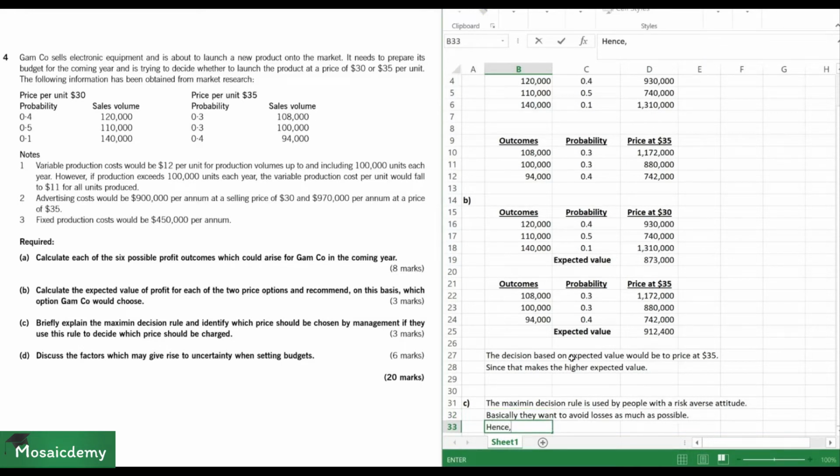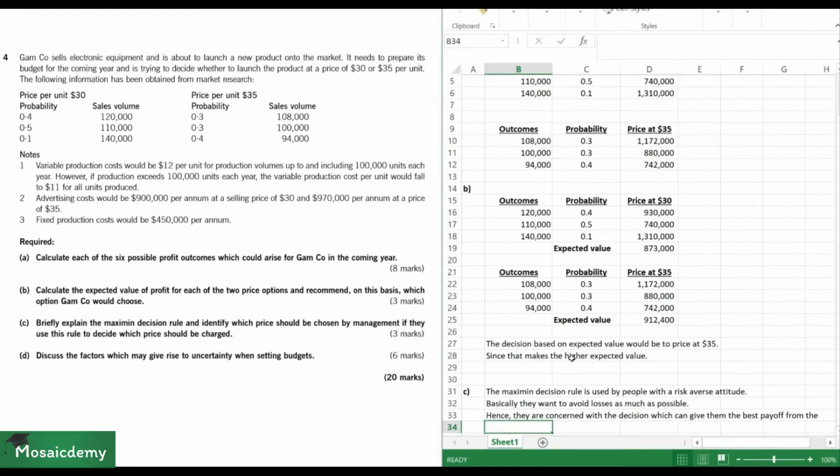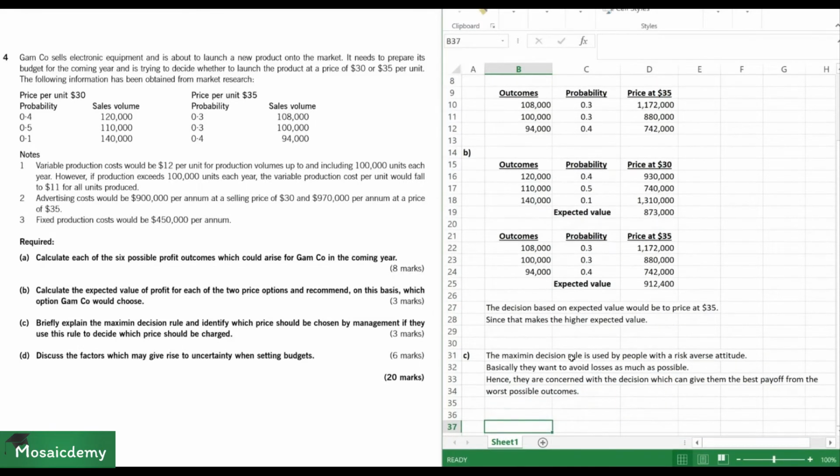Hence, they are concerned with the decision which can give them the best payoff from the worst possible outcomes, right? Best of the worst. Okay, so there's our explanation, and now we make our decision.